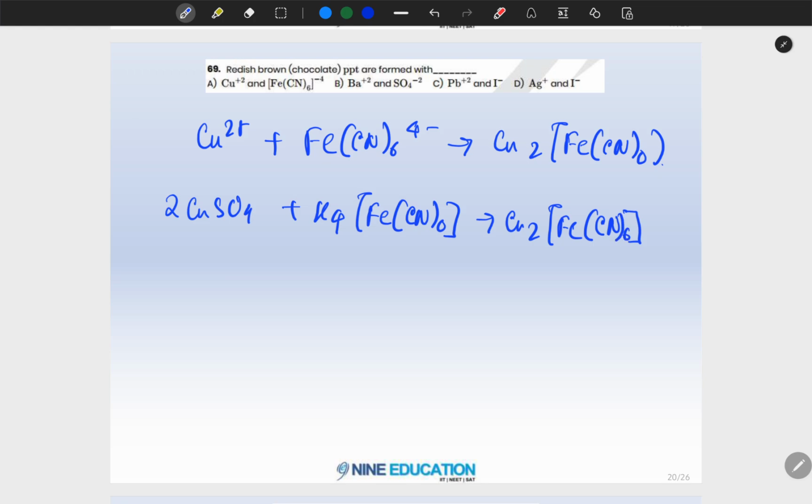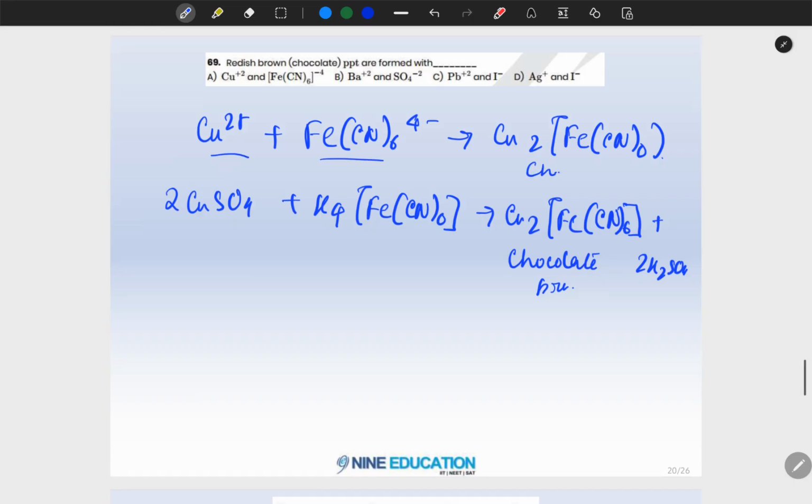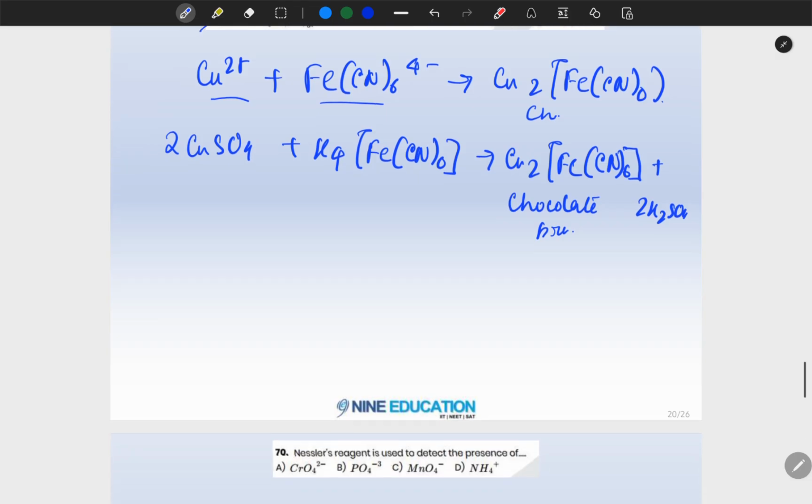This is the complex for which we are getting the chocolate brown precipitate, along with the formation of 2K2SO4. So that's why A is the correct answer. Let's proceed to the next question.